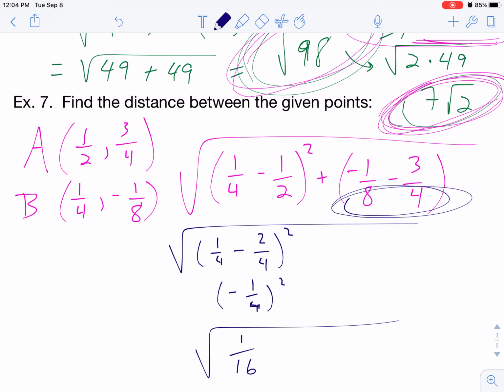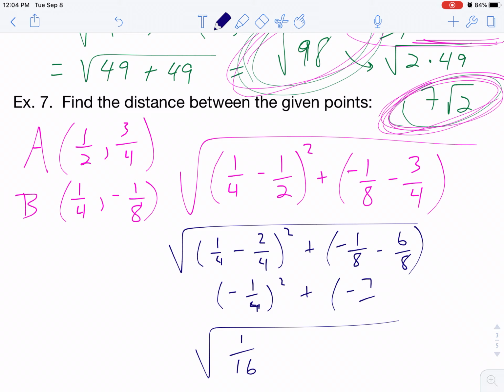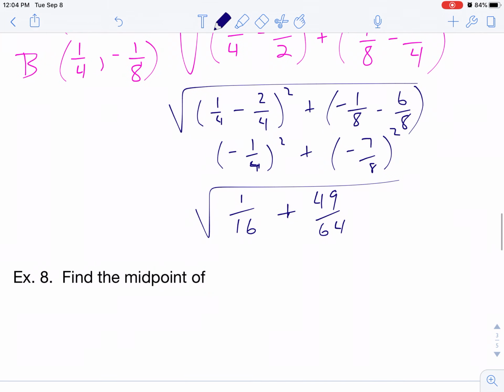This other parenthesis under the radical, the common denominator is going to be 8, obviously. So I'm going to multiply both of these by 2 over here, so it's going to be 6/8. Well, that gives us negative 7/8 squared. Squaring that's going to be 49 over 64. And this is where I would get lazy and just grab a calculator.